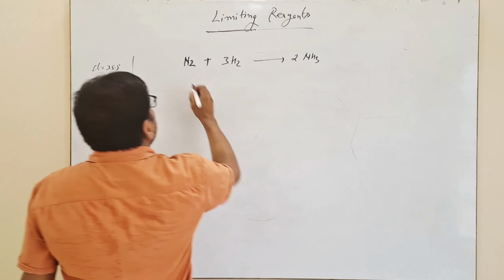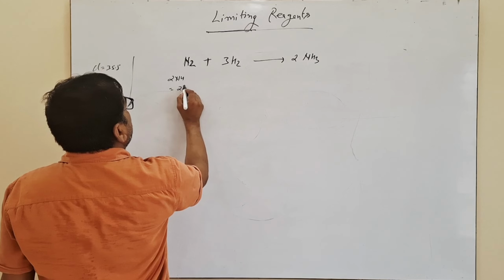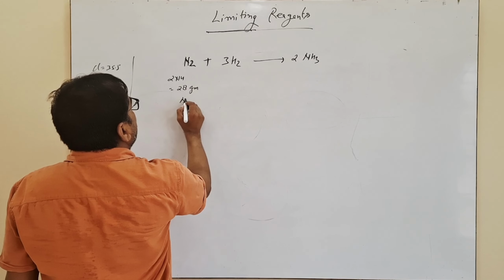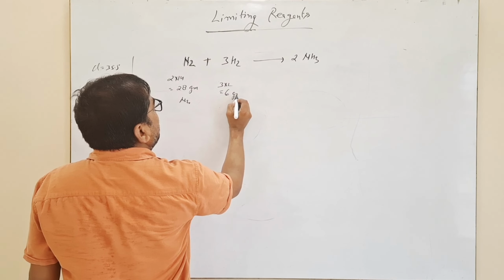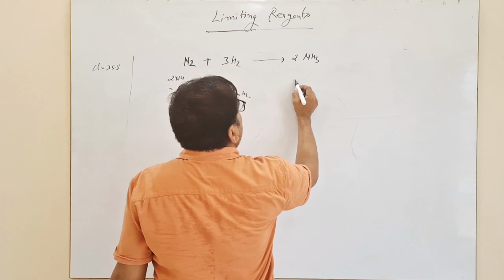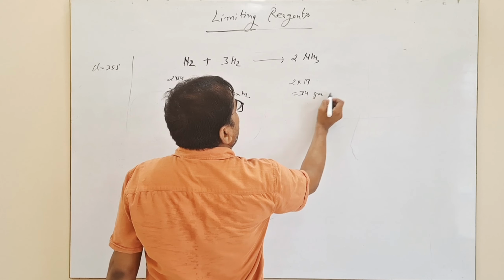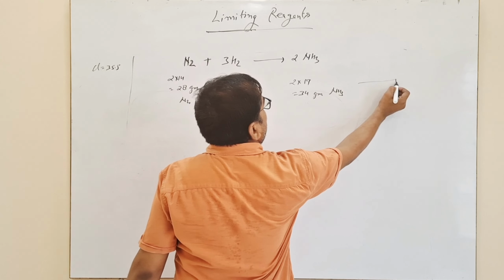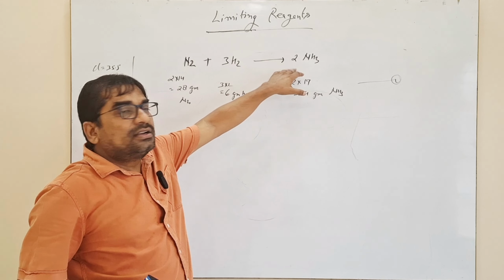Here the balanced equation represents 2 into 14, that is 28 gram of nitrogen, combining with 3 into 2, that is 6 gram of hydrogen, and gives 2 into 17, that is 34 gram of ammonia. It's a balanced chemical equation, and here stoichiometric coefficients are given.